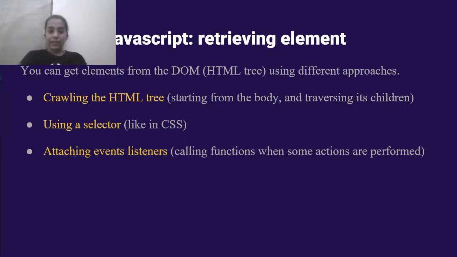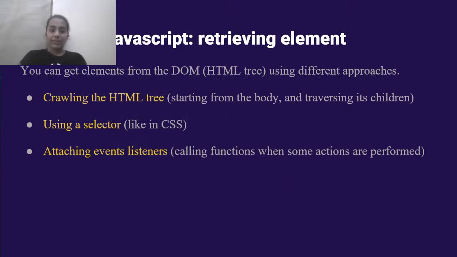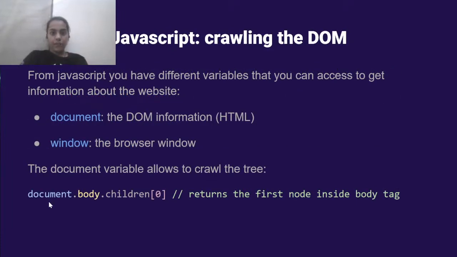Then there is using a selector like in CSS, and attaching event listeners, which means calling functions when some actions are performed. Common methods would be getElementById and querySelectorAll, like I have already talked about. We will talk about each of these three types in a little bit more detail. So first, JavaScript crawling the DOM.